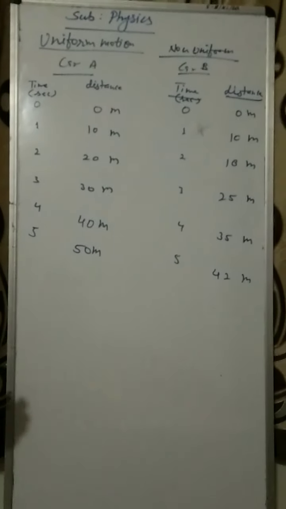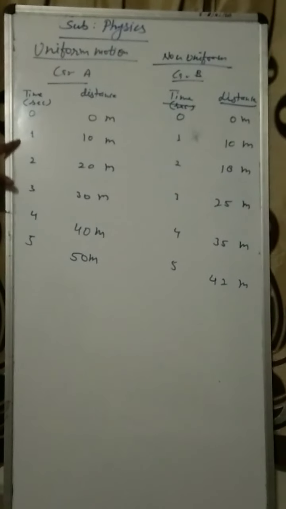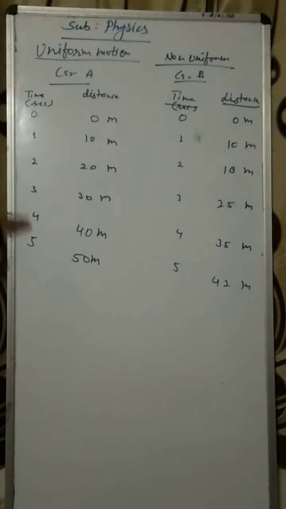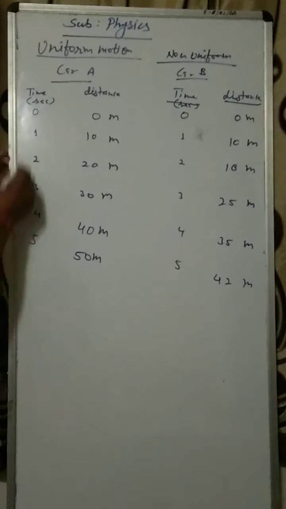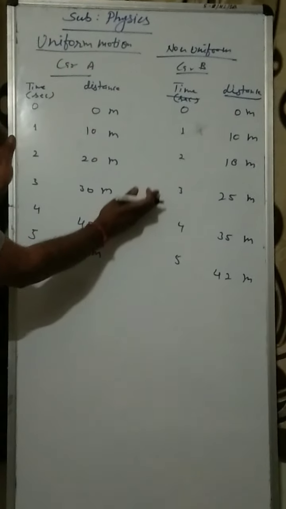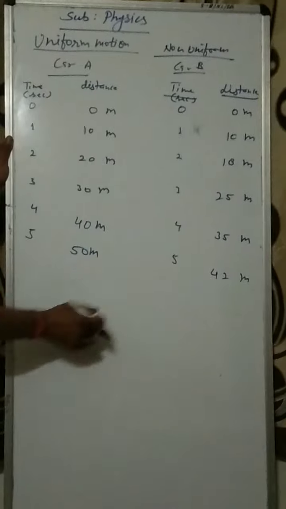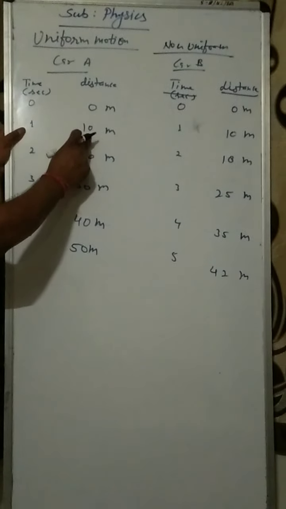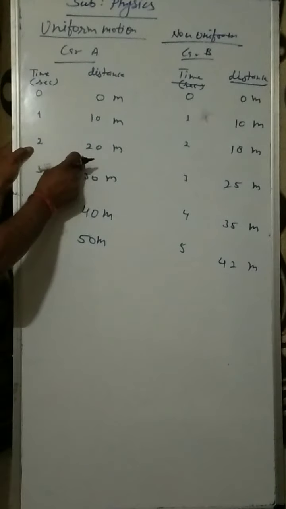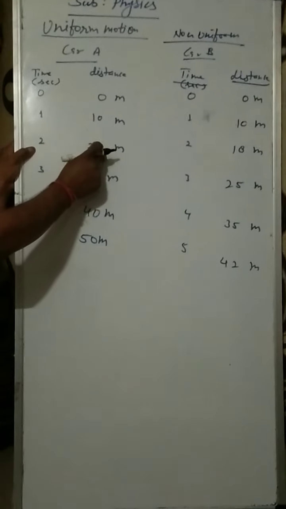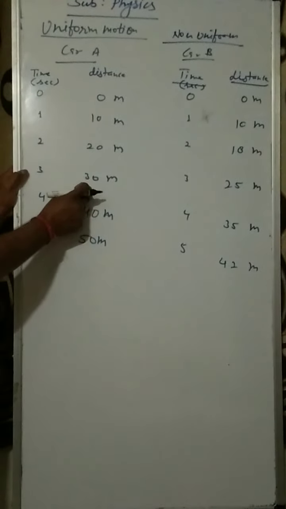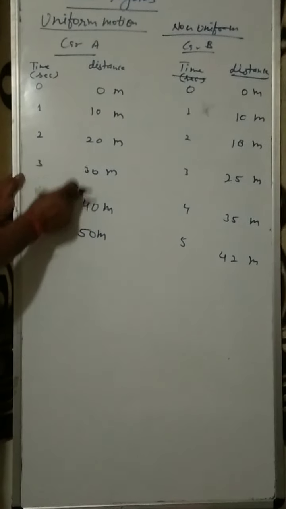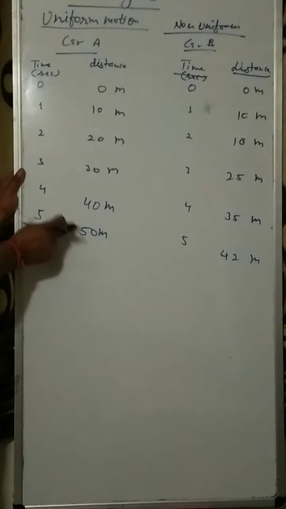You can see here the time interval is of 1 second, and here also the equal interval of time is 1 second. Here you can see in the first second 10 meter distance, in the second 20, means how much travels? 10 meter. Then 30, 10 meter; 20 plus 10, 30; 30 plus 10, 40; 40 plus 10, 50.